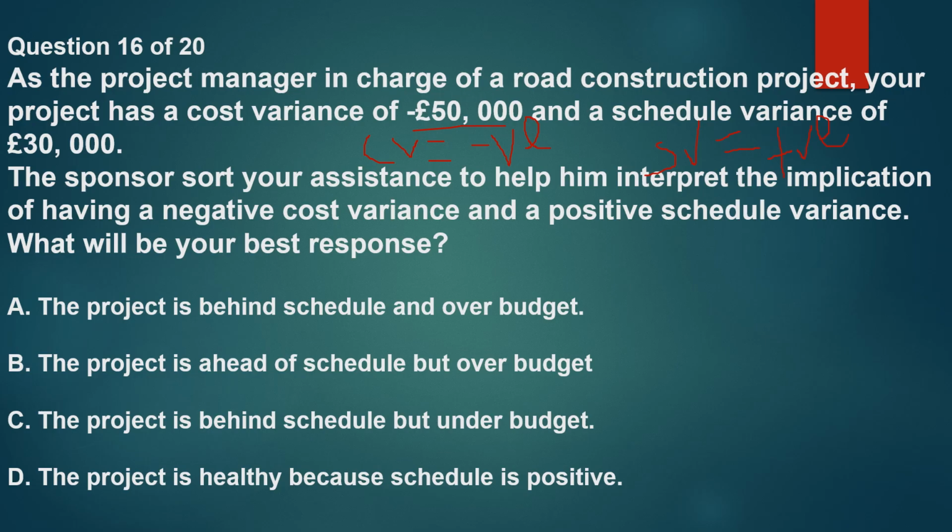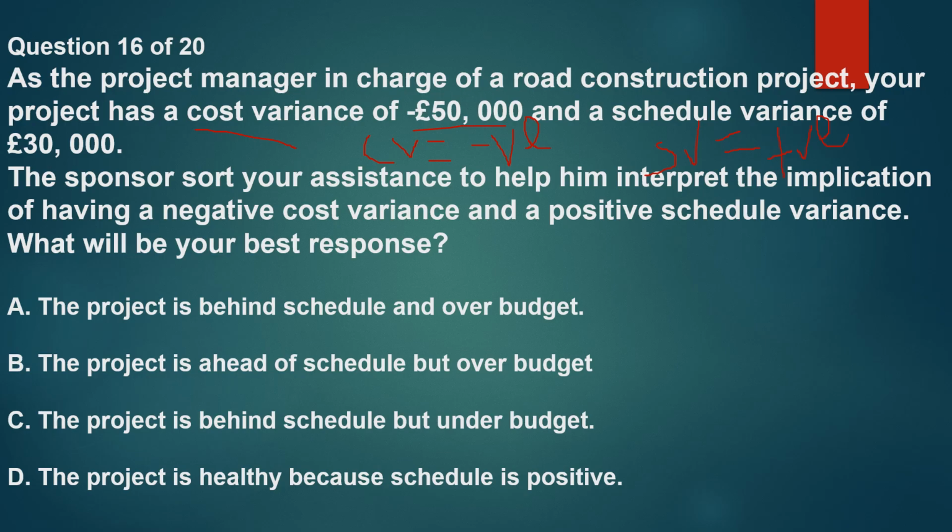That means at that point, your cost variance will be negative. Take for instance, let's say your budget is $100,000, and you have spent $150,000. Your cost variance is minus $50,000, because what you budgeted for the project is $100,000, and now you have spent $50,000 more.